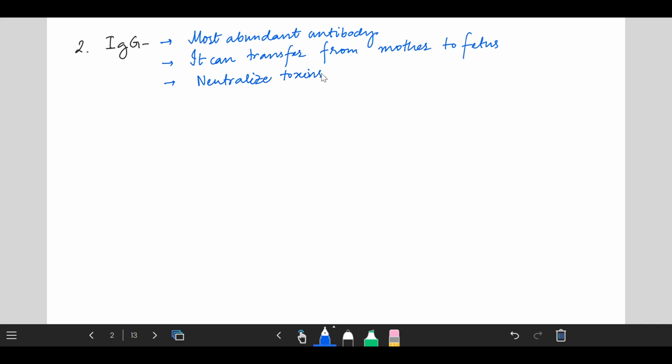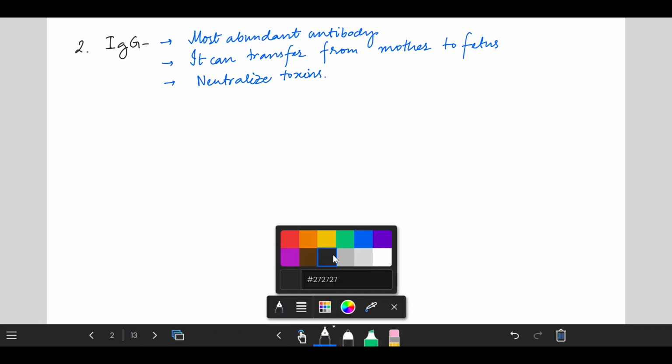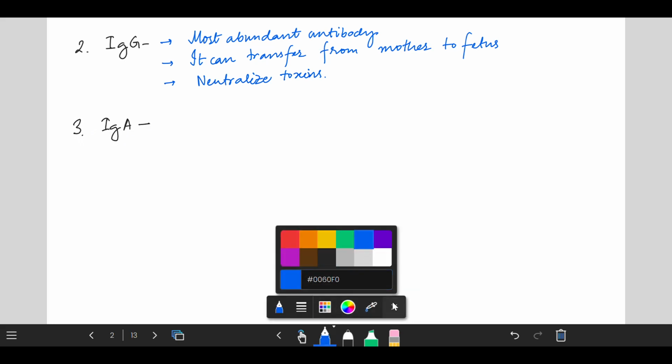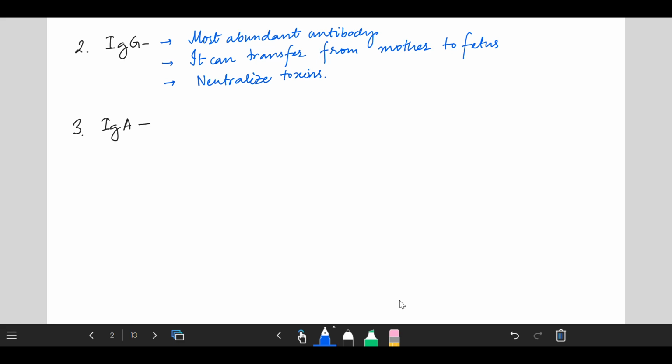Now the next antibody, the third one, is the IgA type. This type of antibody is found in serum, nasal mucosa, breast milk, saliva, and some amount in intestinal fluids, etc. So where are they found?